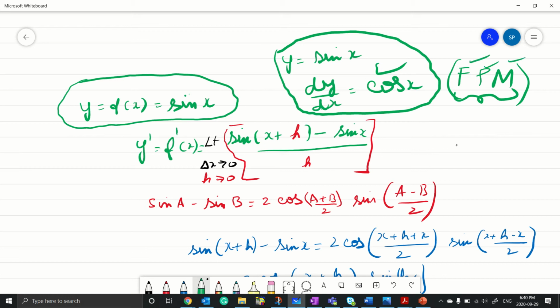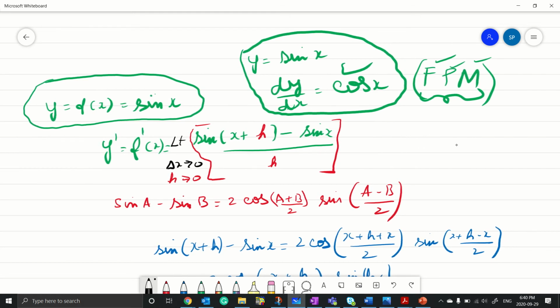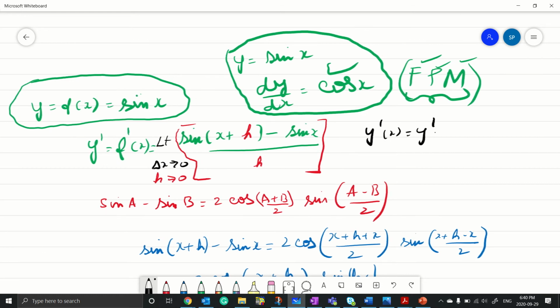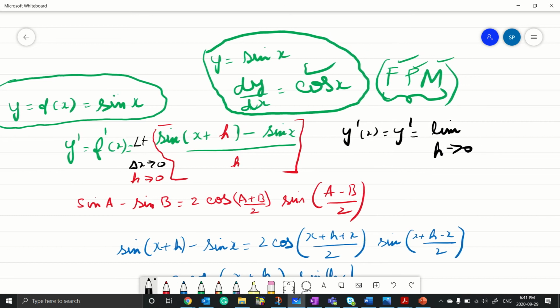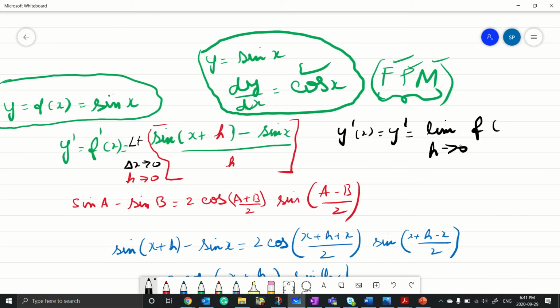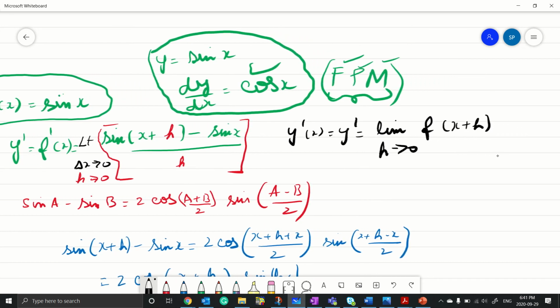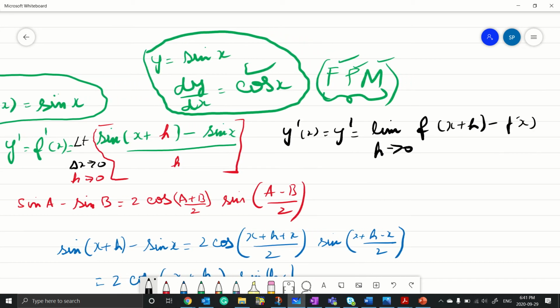So the general formula is, let me remind you the general formula again. y dash of x or simply y dash is equal to limit h tends to 0, f of x plus h minus f of x divided by h, okay.